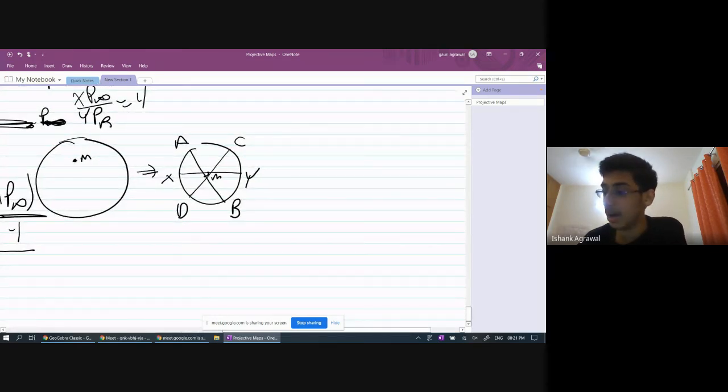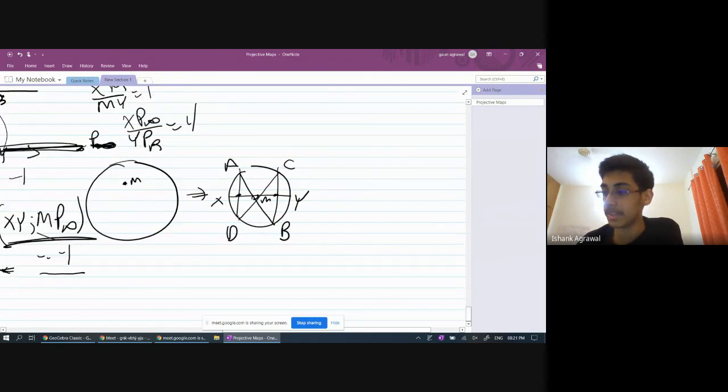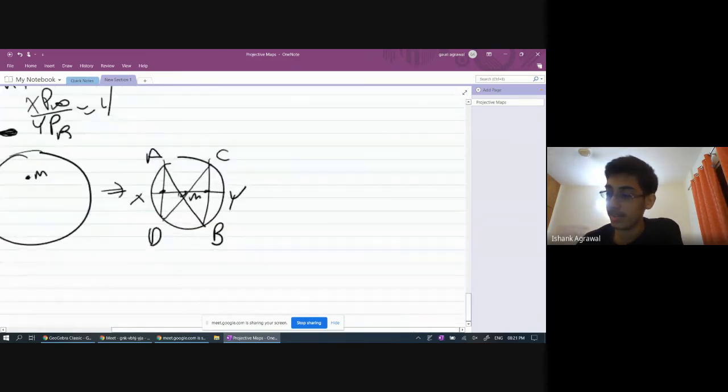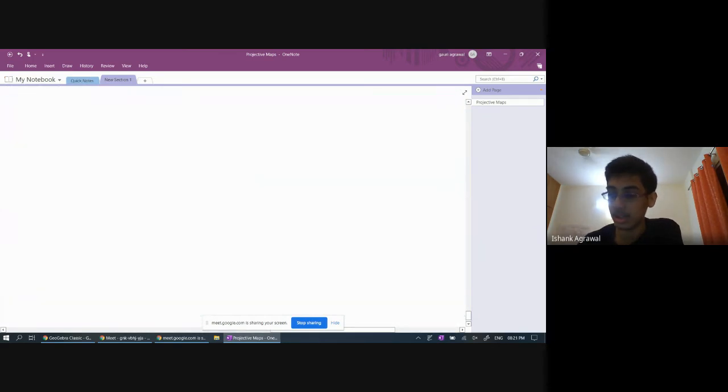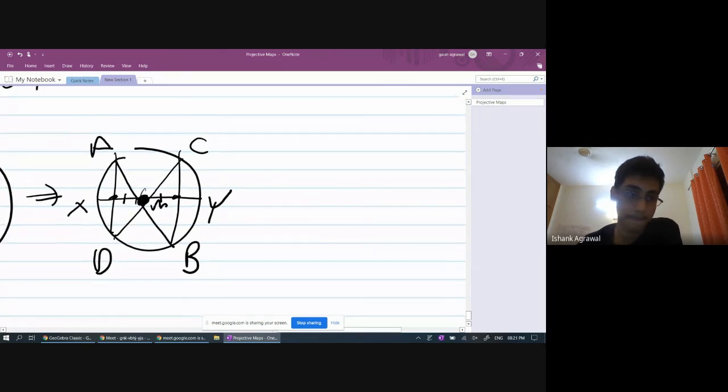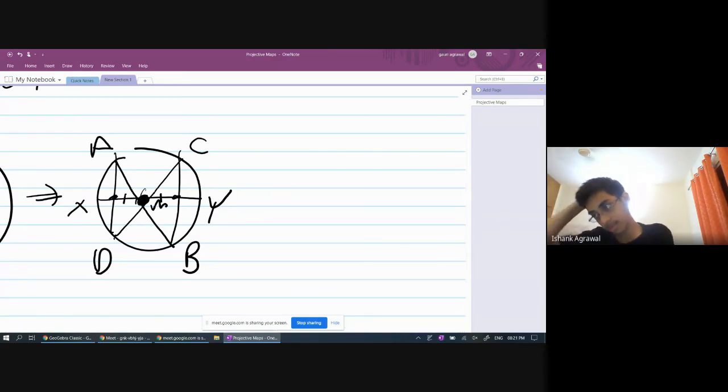Okay, so basically now the theorem states to prove that if we look at this at a different angle, then we want to show that this length is this length. Does that make sense? Does anybody have any questions up till now?